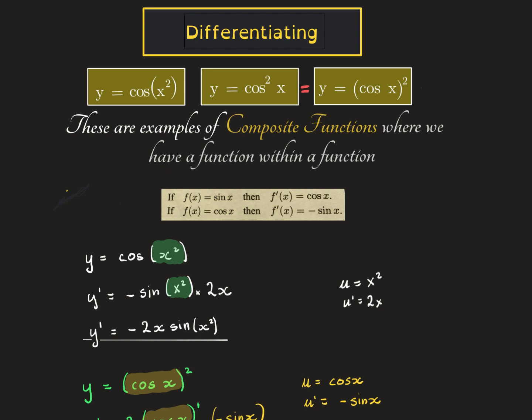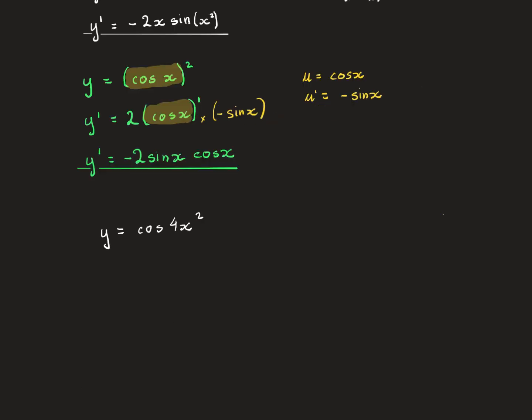Now, why would we want to sometimes write it with brackets outside and sometimes with the square number just after the cos x? Writing, for example, a function such as cos 4x squared is ambiguous because we don't know whether the 2 refers to the 4x or does it refer to the whole function.